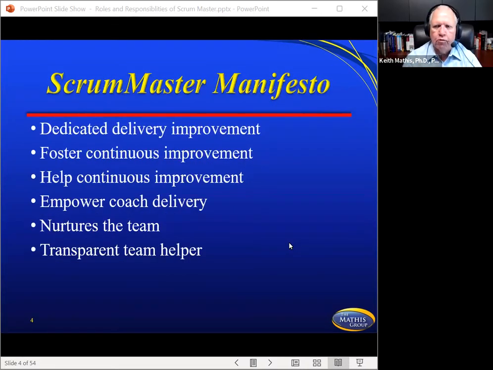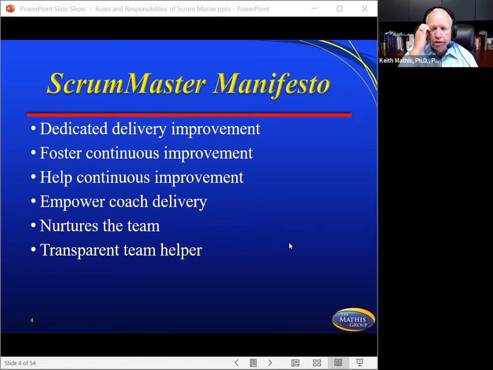One of the things I thought was interesting was there is actually an author, and I'll give it to you in the second slide because this is 2 slides here, the ScrumMaster Manifesto. I thought this was really interesting. I don't know how much traction this has gotten with all Scrum Masters, but one of the gentlemen, when I was doing the research, actually wrote about this, and I liked it. He said they're dedicated to delivery improvement.